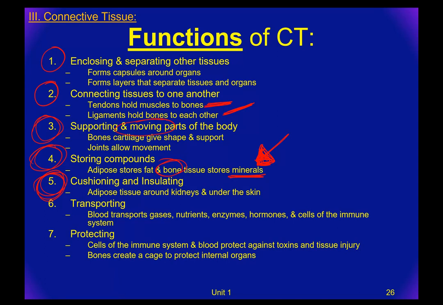So what did we do? We put fat around the kidneys. And it's supposed to be there. It doesn't mean you're fat. It's supposed to be there because if I accidentally bump into something with my back, I don't want to rupture my kidney and end up with a bleeding kidney.